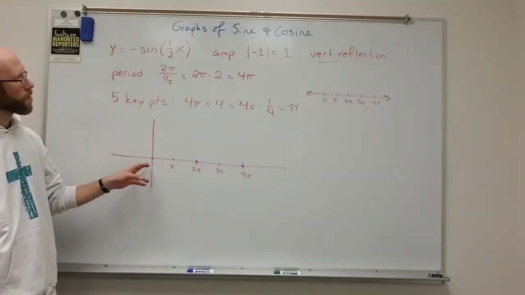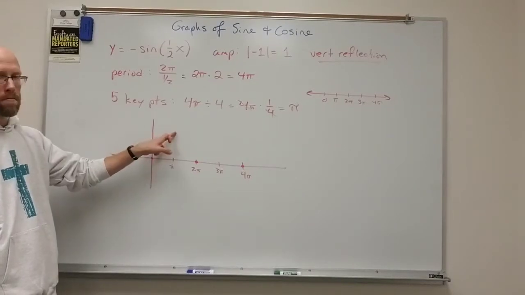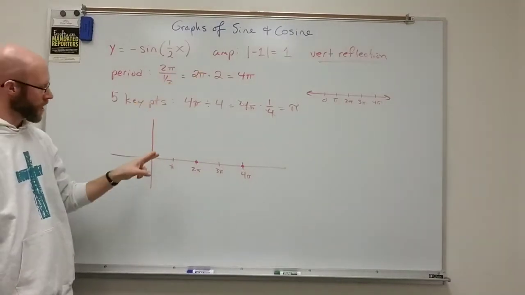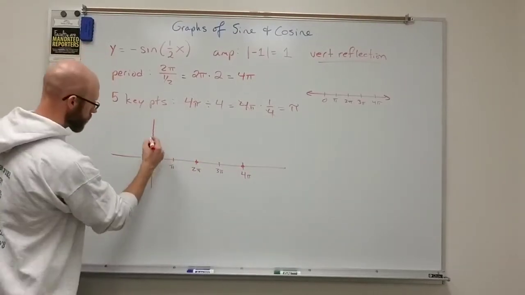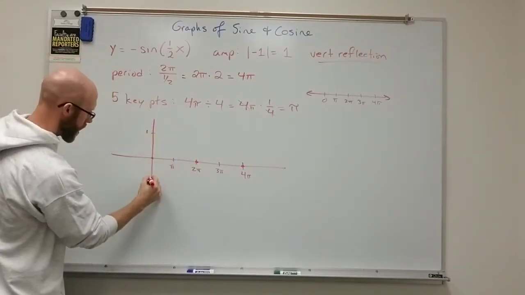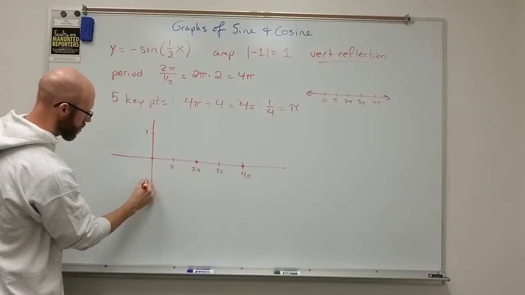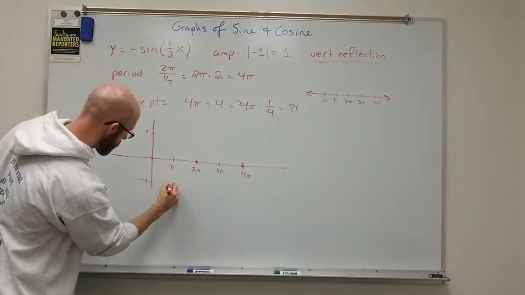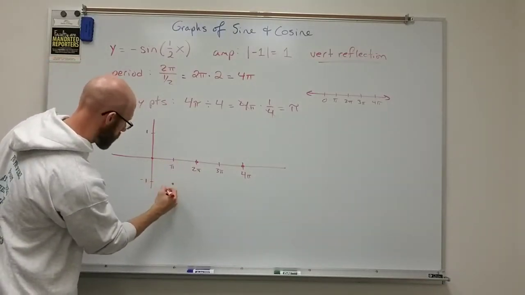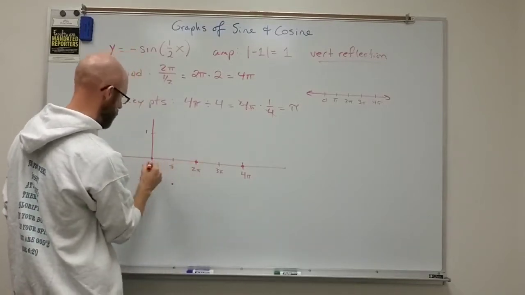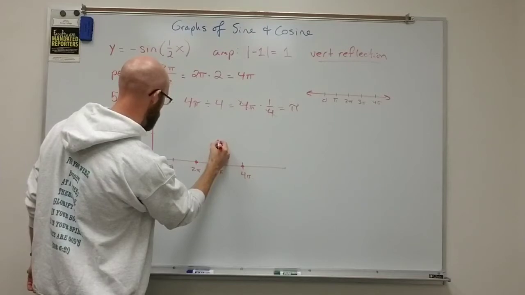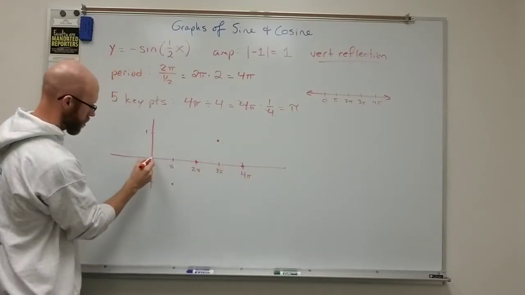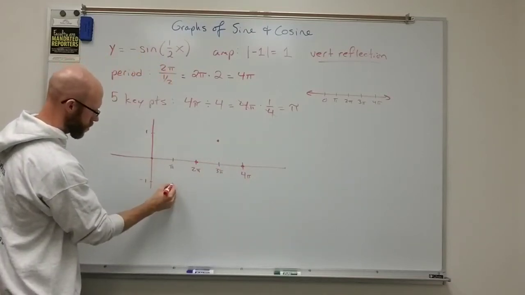And here, remember, before we would go up to the max, but instead, because it's a reflection, I want to go down to the min. The minimum is going to be at -1, and the max is going to be at 1. So we go down to -1 first. Then at the end here, we go up to 1. And I want to plot that just as a smooth curve.